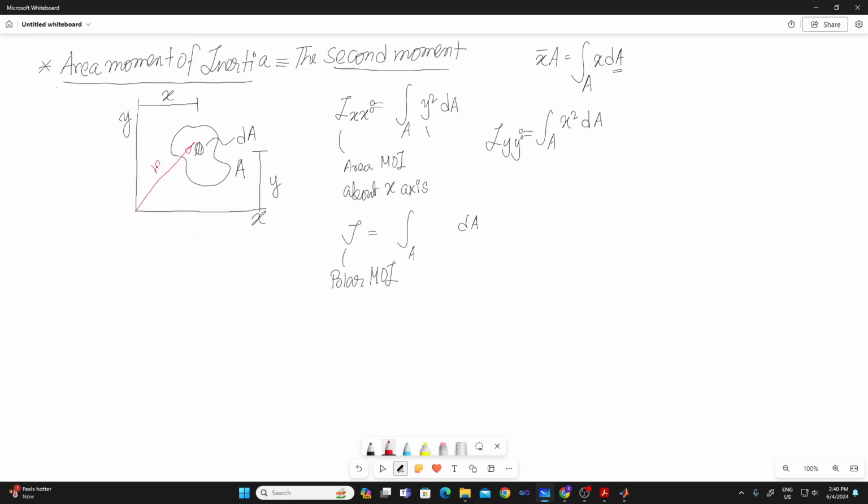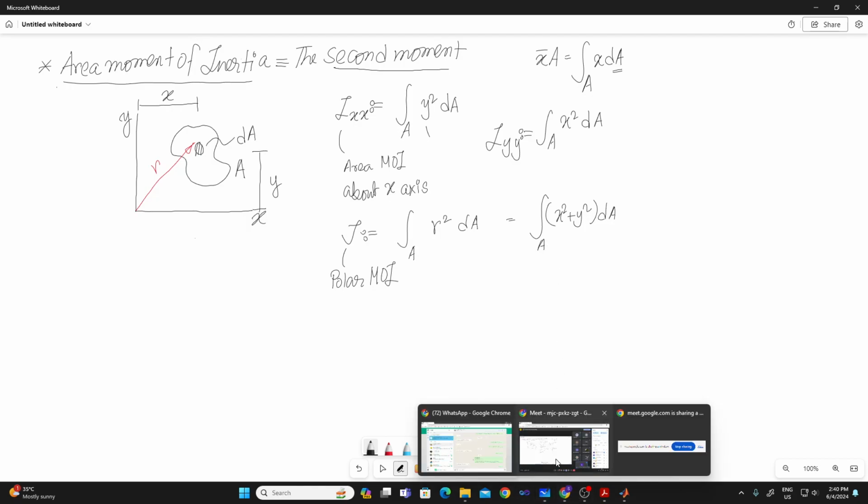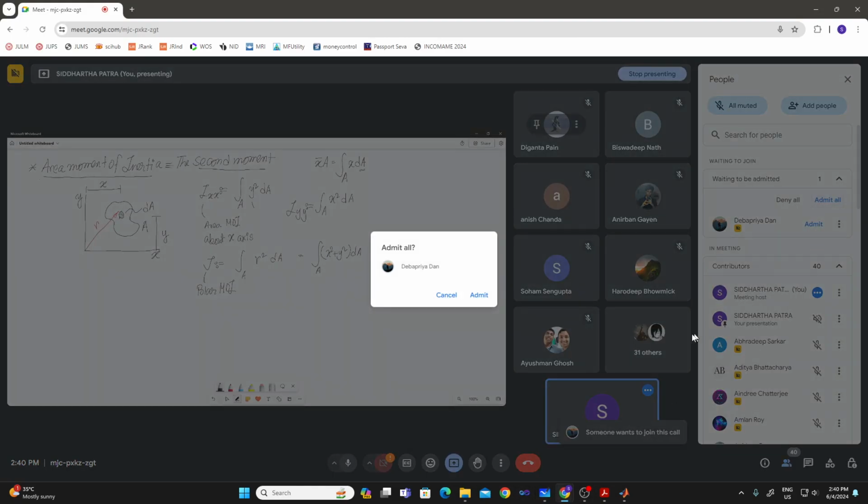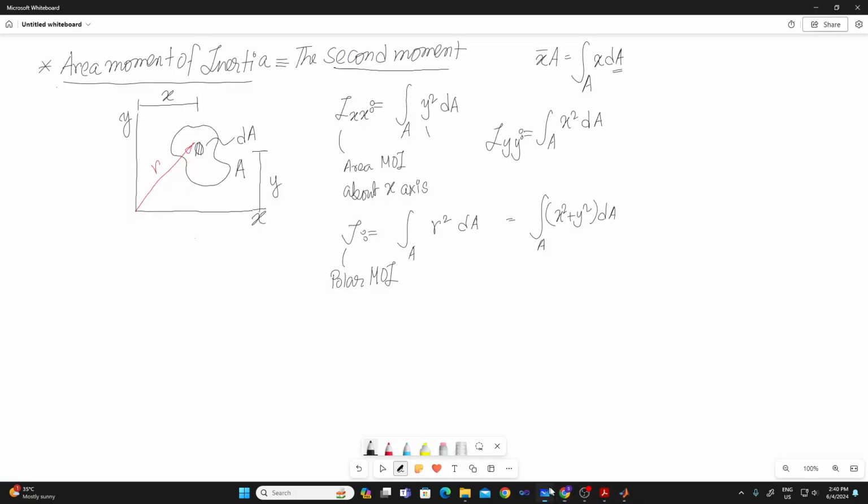So this r, the radial distance, and I hope this is also clear to you that this r squared is nothing but x squared plus y squared, and therefore this quantity right here is the sum of Iyy and Ixx. Does that make sense?